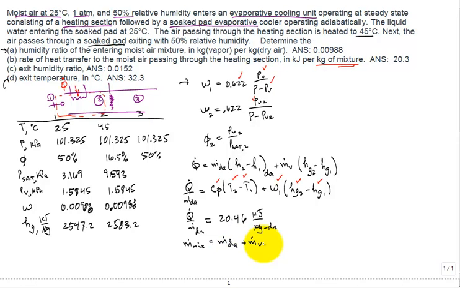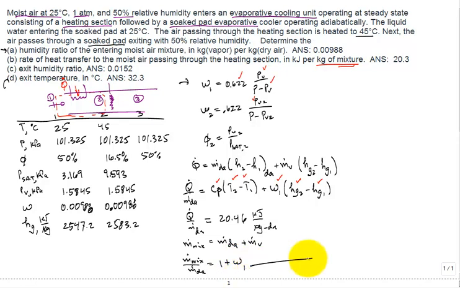All right. So you take and divide by the mass flow rate of the dry air. You'll have the mass flow rate of the mixture divided by the mass flow rate of the dry air is equal to 1 plus the mass flow rate of the vapor divided by the mass flow rate of the dry air, which is omega at 1.